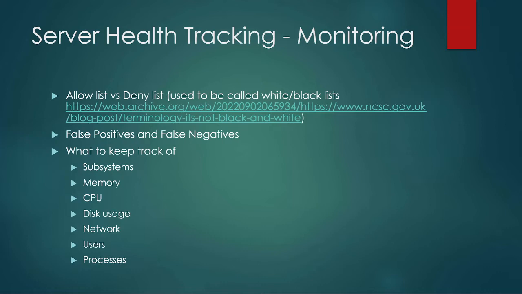An allow list and a deny list is one of the ways that we can both keep track of things like the traffic coming in and also have some rules about what would happen. So, for example, we could have an allow list for some websites. We could have a deny list for some websites.